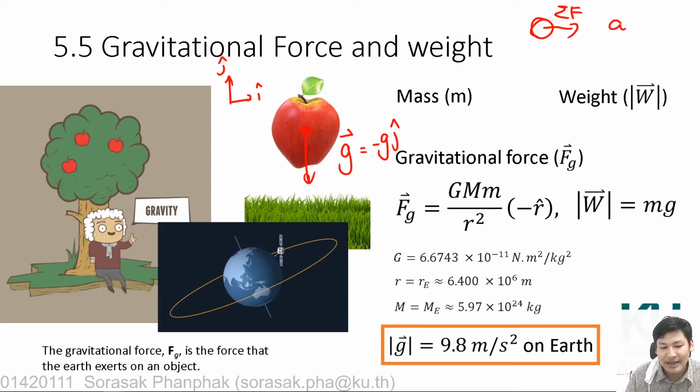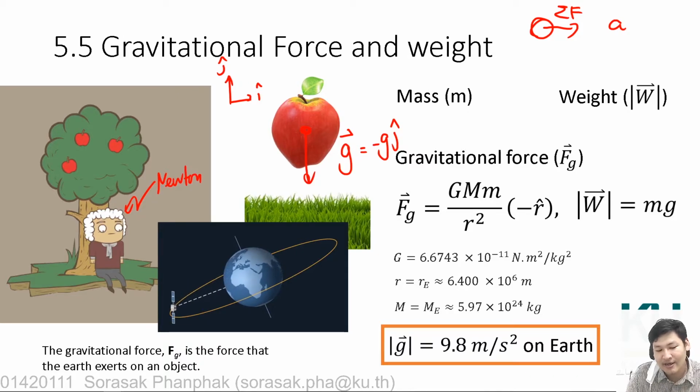Right? This is the reason that the apple has dropped down to Newton. I'm not quite sure whether it's on Newton's head directly or just dropped on the grass ground. I think it maybe next.